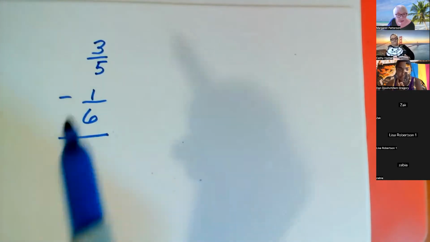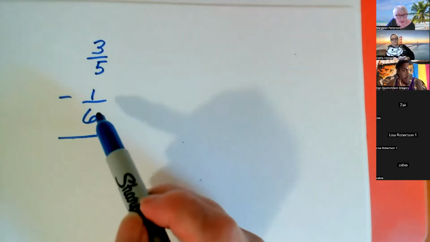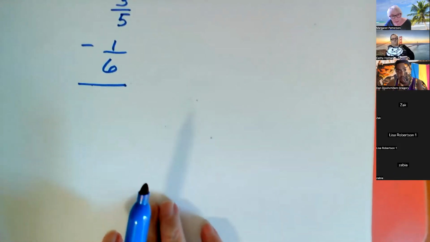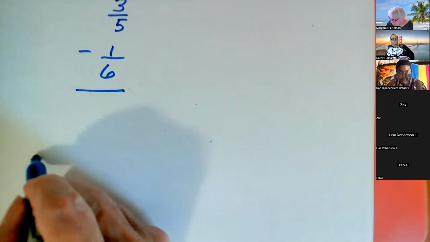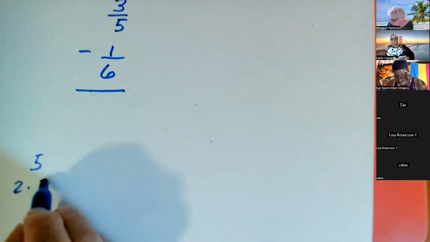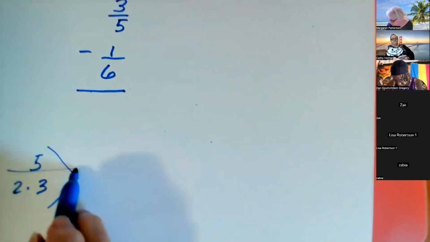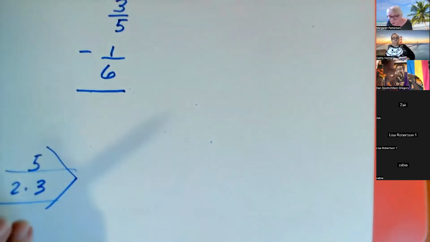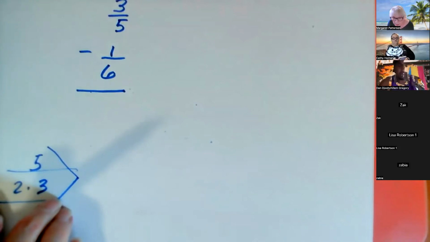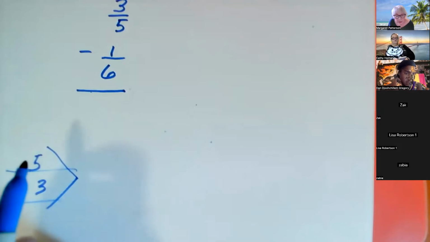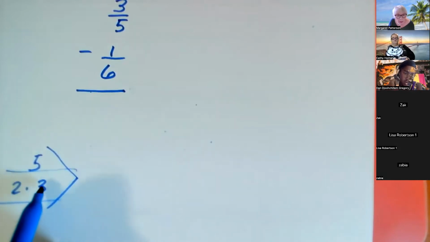Yes, 30. It is 30. This one's prime, this one isn't. But let me look at what the prime numbers are. The 5 is just 5. And the 6 is just 2 times 3. Right? This is where you start to see what's going on. You're not guessing anymore, you're seeing. And so the most 2s would be 1, the most 3s would be 1, the most 5s would be 1.